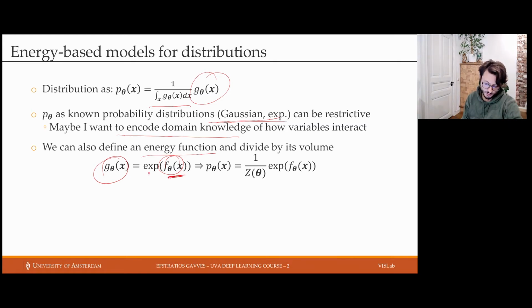So the energy function is f of theta, or to be more precise, minus f of theta. And then again we can simply divide by the volume of that exponential of minus f theta.